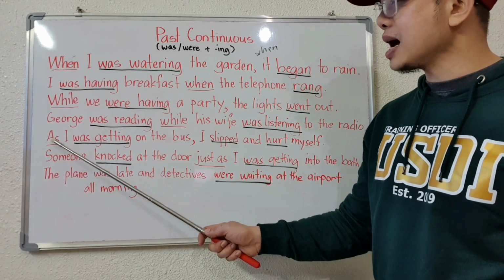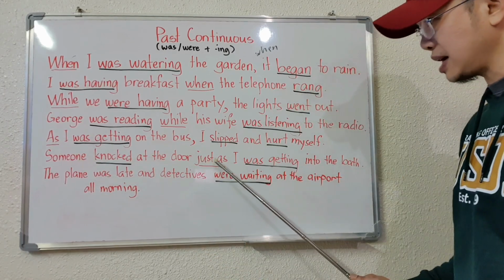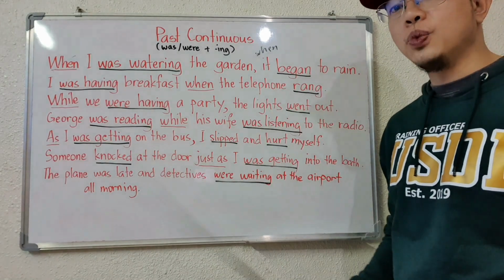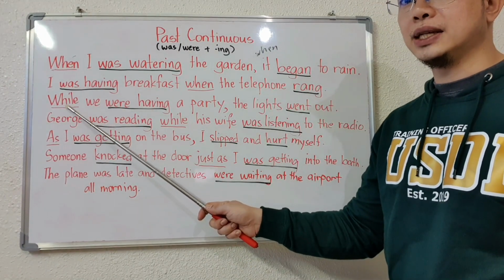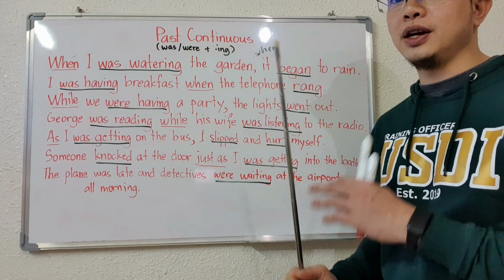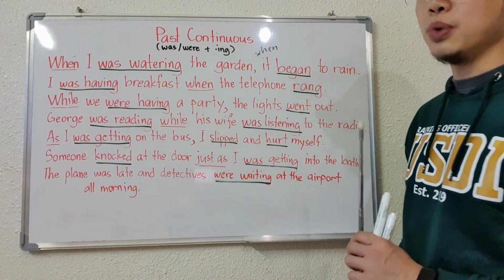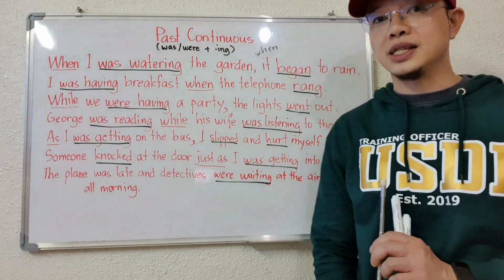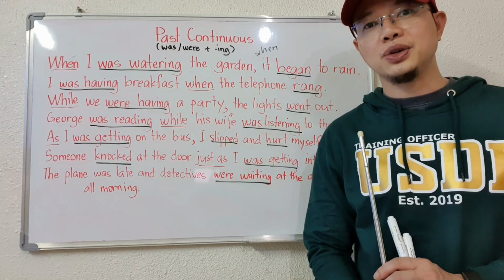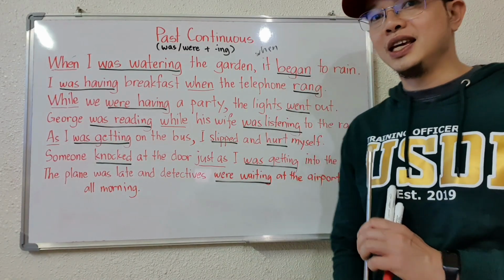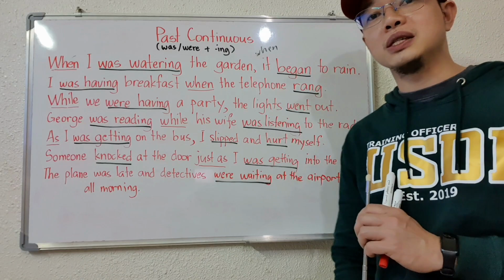As and just as are actually the same as the conjunction while. They are used exactly the same way to express an action that is contrasted with a sudden or completed action shown in the simple past.